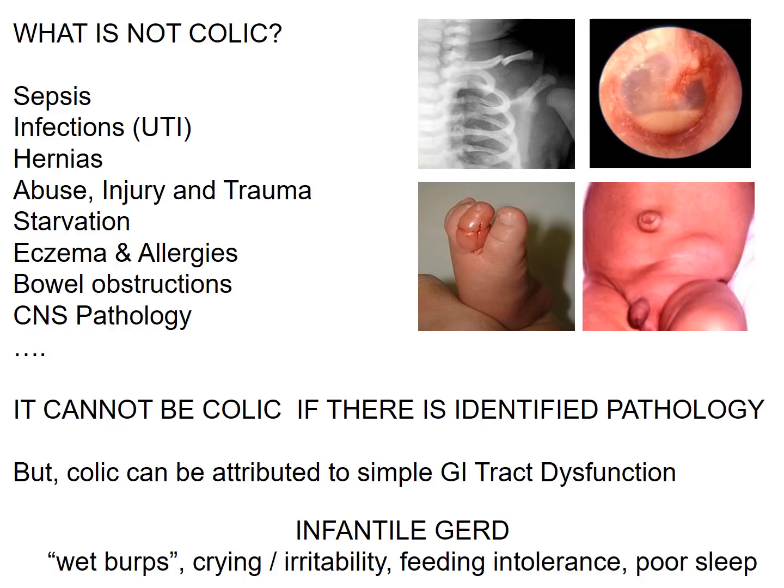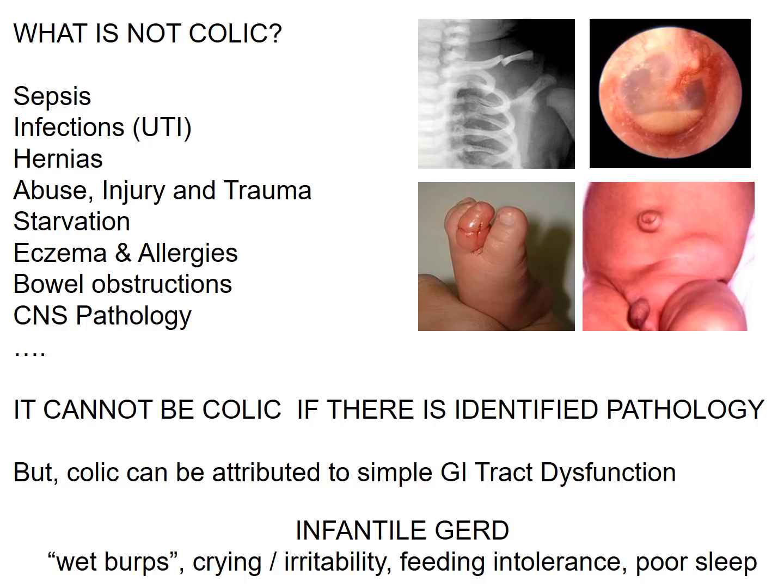You burp the baby and some of the formula comes back up. Babies who are crying, babies who have feeding intolerance, babies who aren't sleeping well because as they're laid down, the incidence of reflux increases. So be careful. Irritable babies, a lot of things to think about before we attribute it to GE reflux disease. Again, most babies are going to outgrow it.